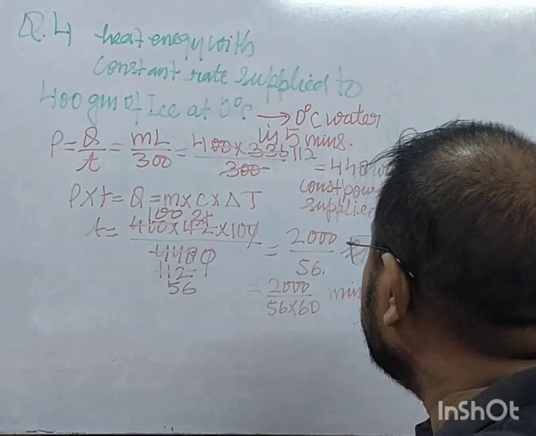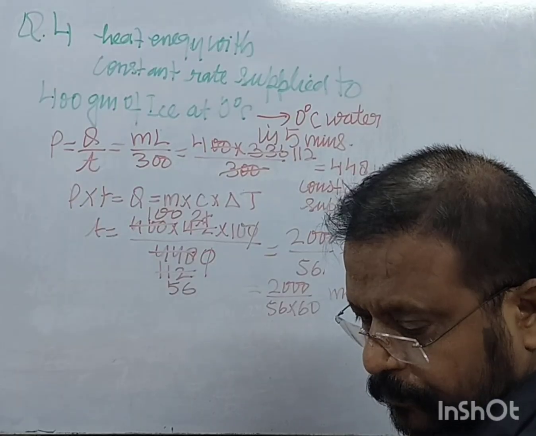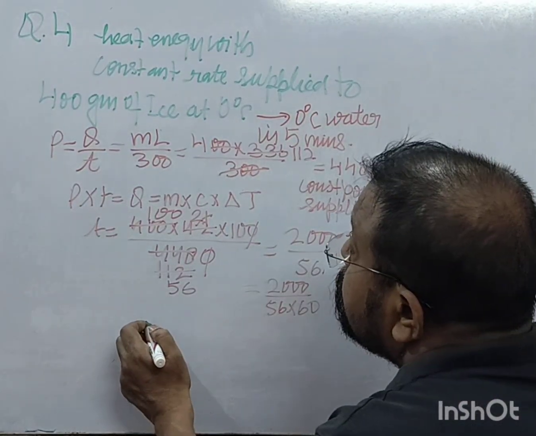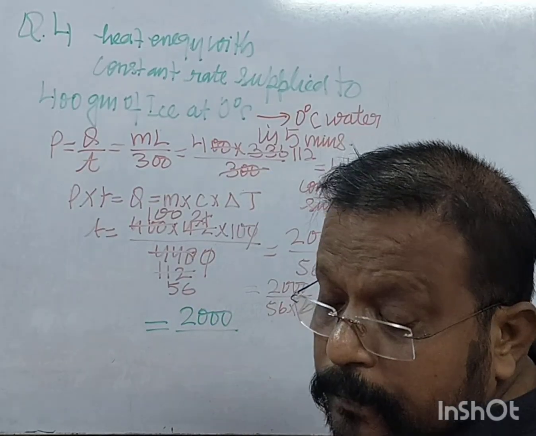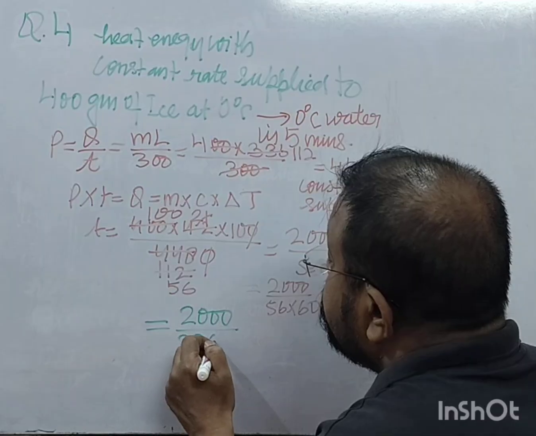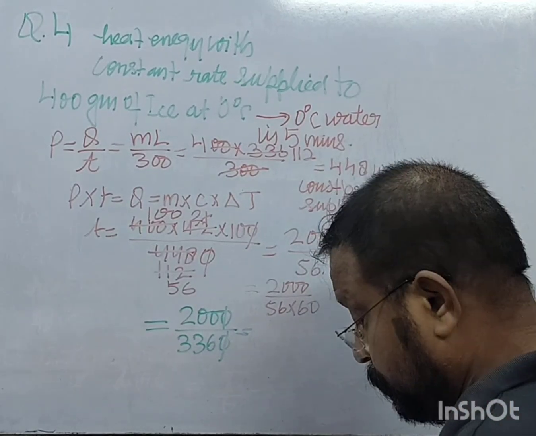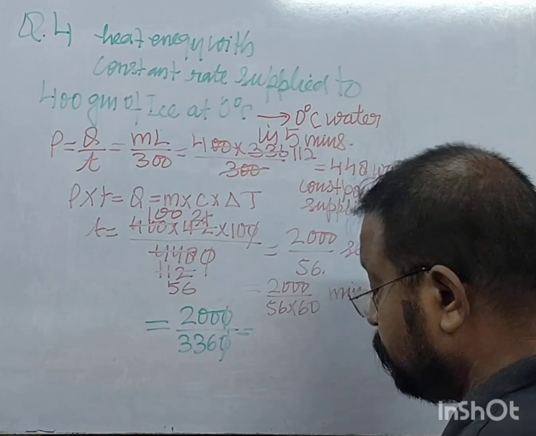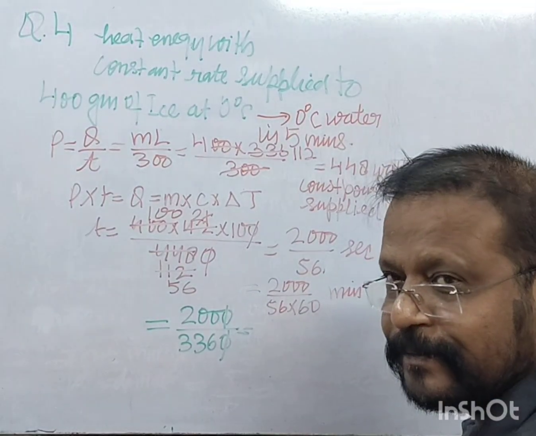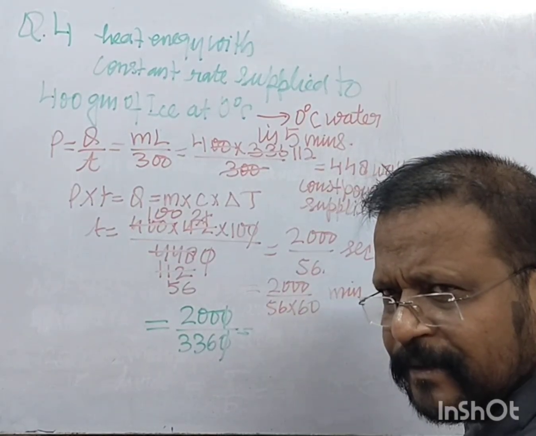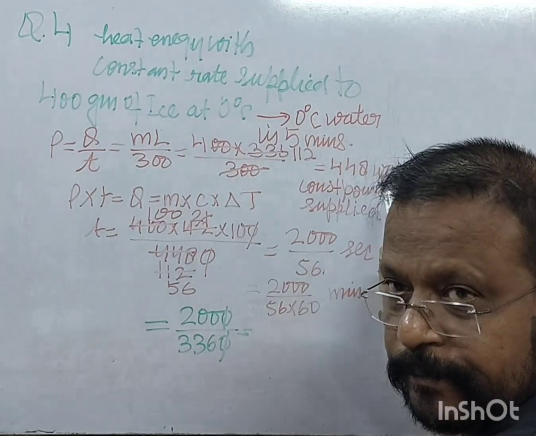So कितना आएगा? कितने मिनट हुआ था? हमें आंसर कितना आ रहा है? 6.25. 6 minutes 15 seconds. ये तो बहुत कम हो गया. ओह ओह, ये 448 वॉट सही है पावर.